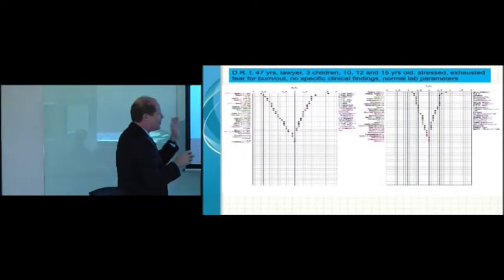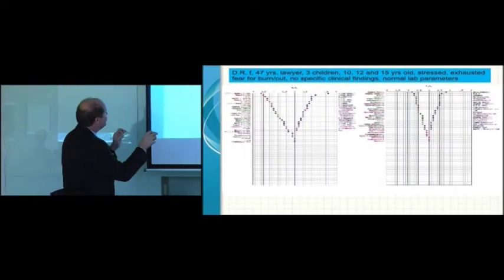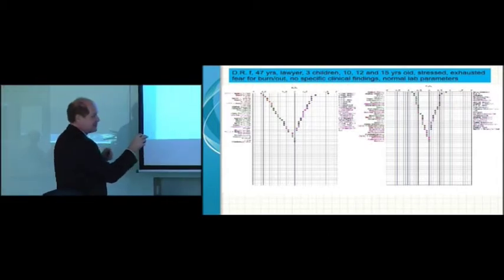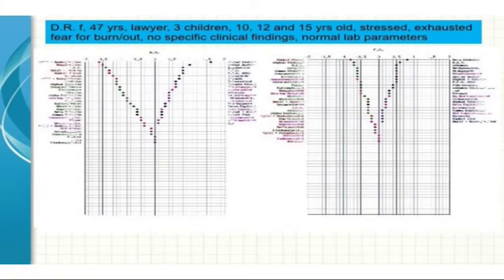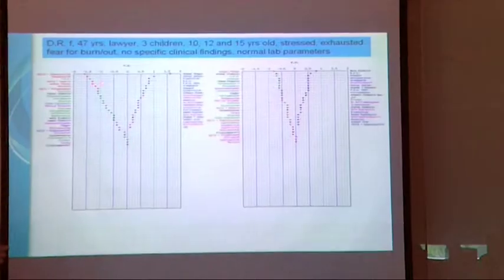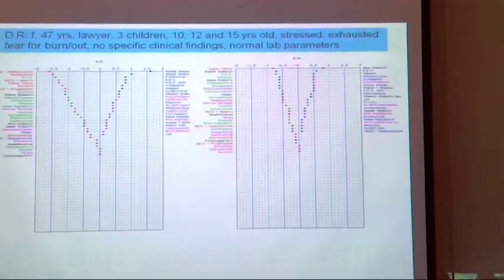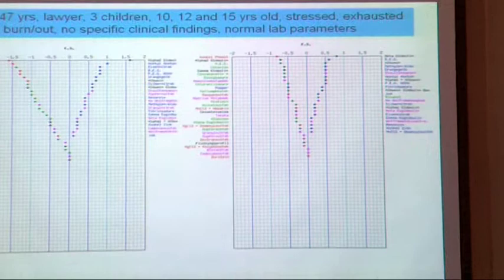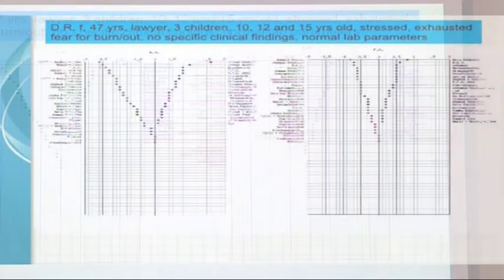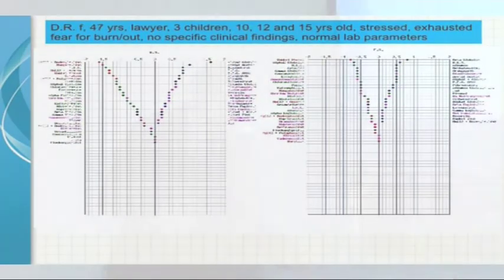In these exhausted, stressed patients, we find a decline, especially in the lipoglycoproteins, because they're so exhausted they can't form it anymore. And the control is the treatment, and you see how the curve gets smaller, narrower, and you really can quantify the improvement of your treatment.